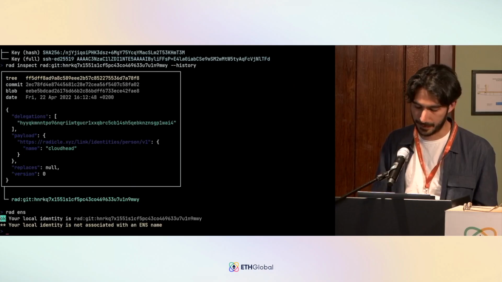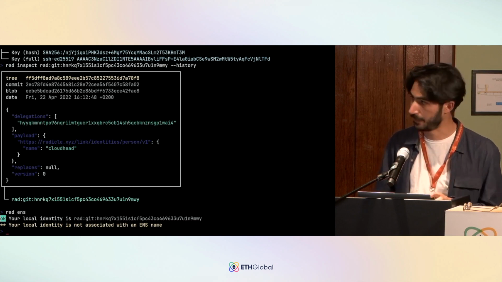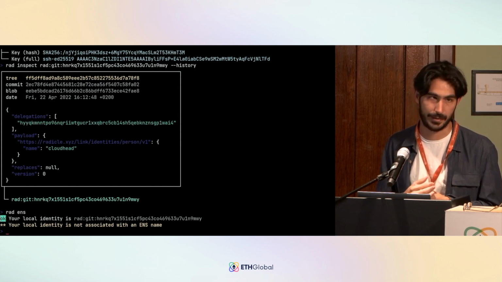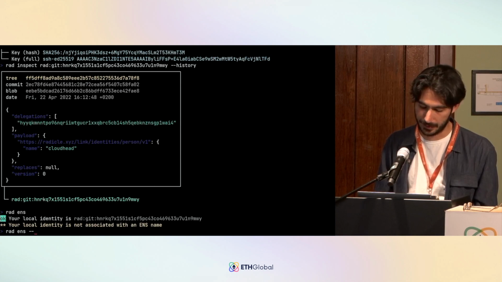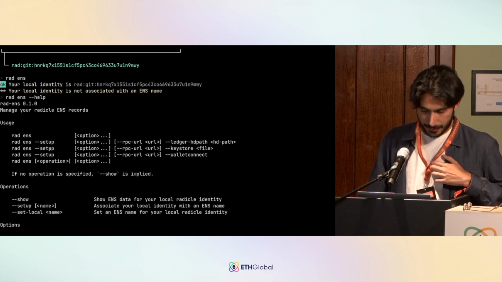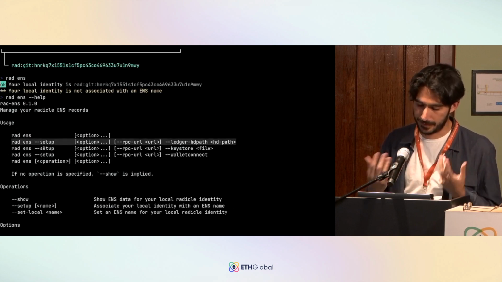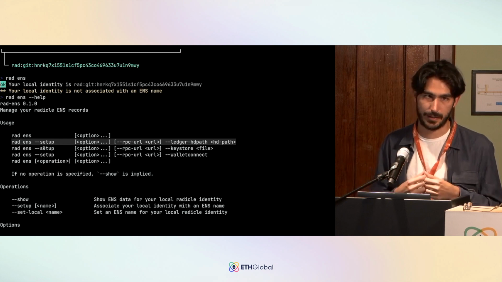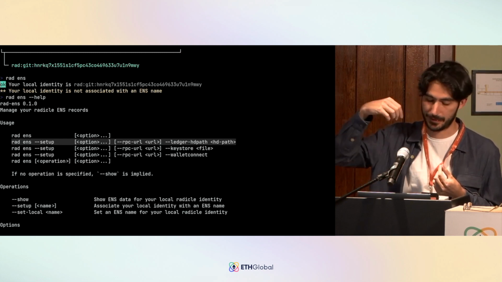There's an ENS command, and here it's telling us that the local identity, this one up here, is not associated with any ENS name, right? If we just look at what we can do, there's a bunch of things. What we're working on right now is this setup flow which does a two-way attestation between Radicle and ENS, and then ENS back to Radicle.